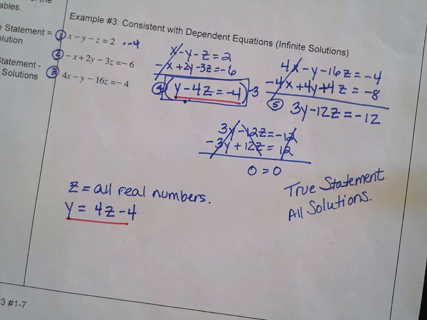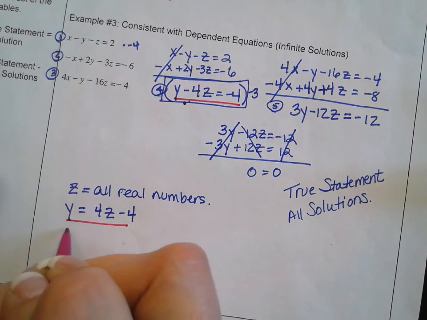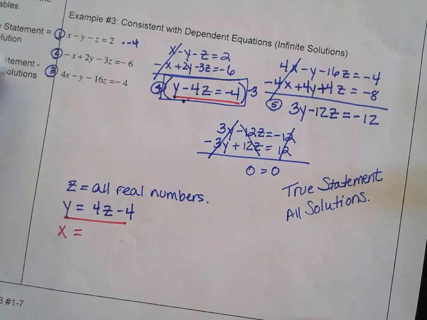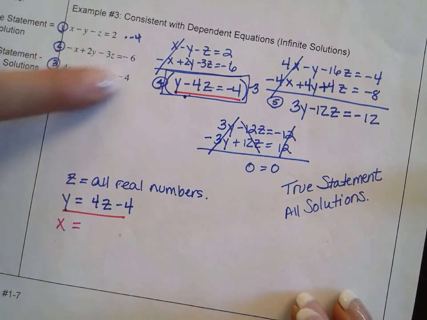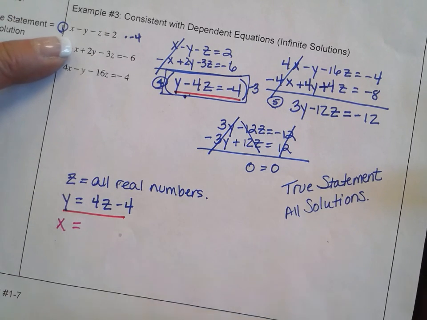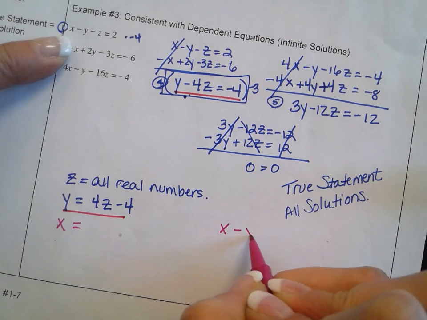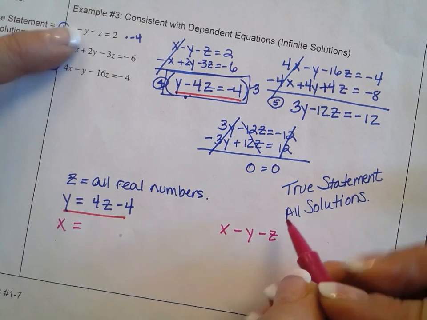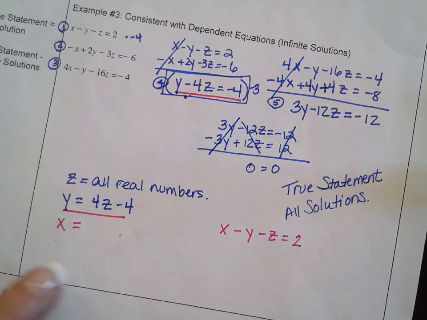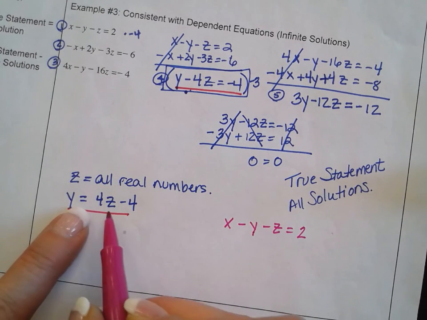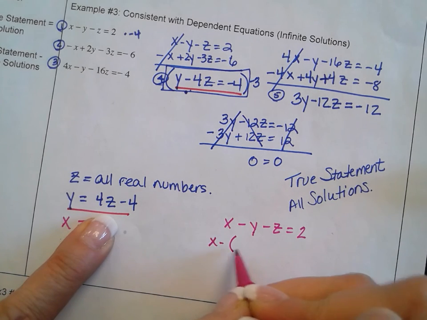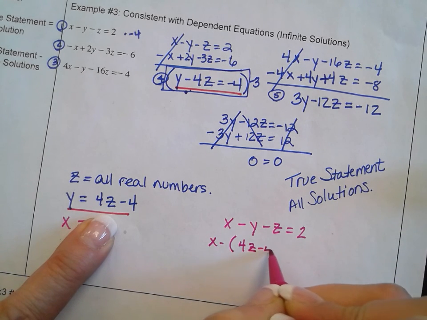Okay, so now I have to find x in terms of y. All right, so I'm going to take any of the first 3 equations, that's fine, but I'm going to do number 1 because x is by itself, it's not negative, it seems easy. Okay? And hey, look, I know that y is equal to 4z minus 4, so I'm going to substitute that in for y.